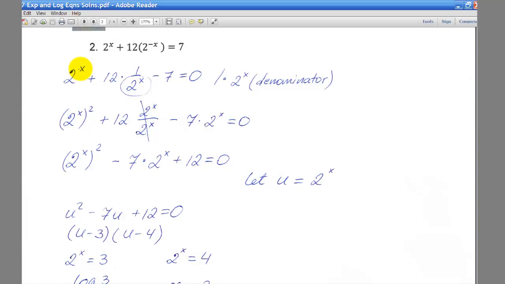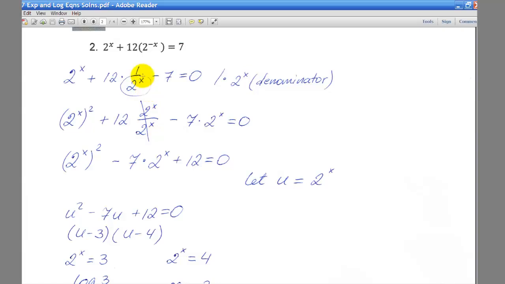We can't really do anything much with it, but in this case we can simplify it and turn 2 to the power of negative x into 1 over 2 to the power of x. We have a denominator now, which is 2 to the power of x. We're going to multiply our whole equation by that denominator to get rid of it. So if I multiply 2 to the power of x by 2 to the power of x, I'm going to get 2 to the power of x squared.